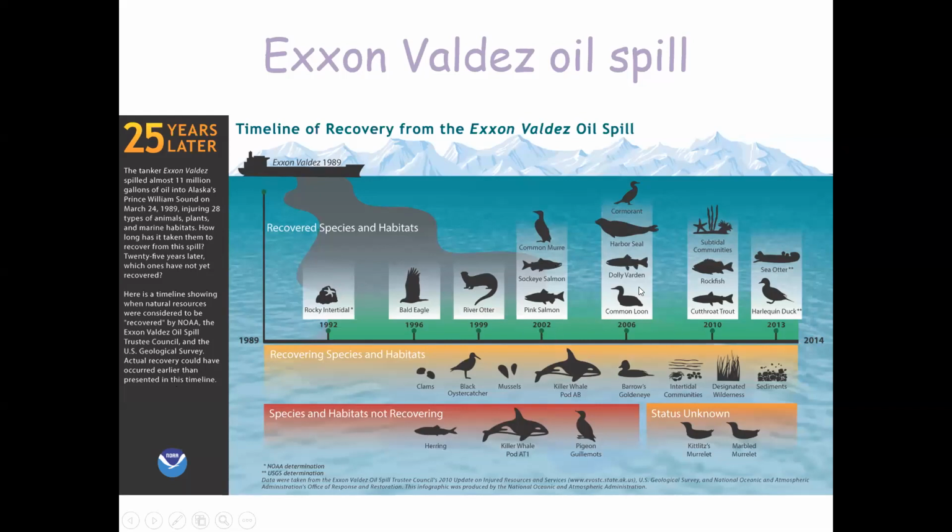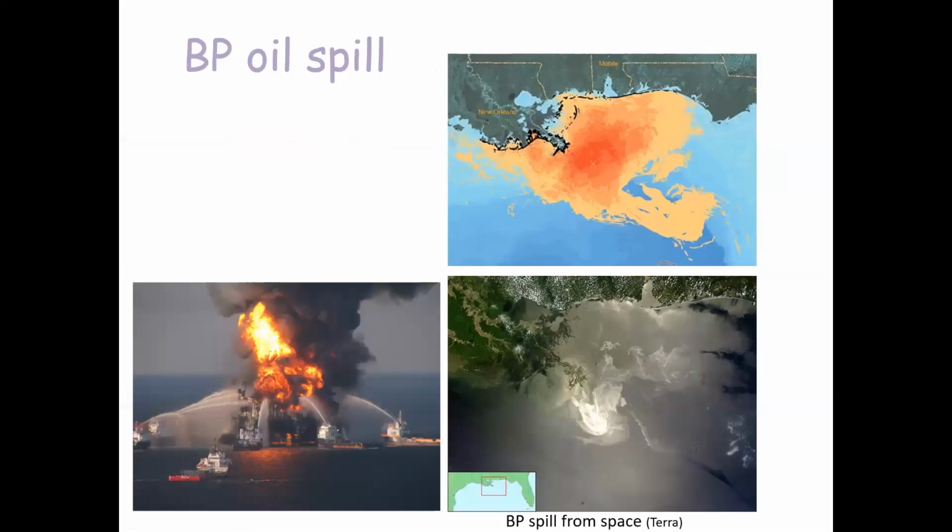Fish. And here you can see harbor seals and a lot of other birds, like cormorants, for instance. The interesting thing is to see those organisms that are still not recovering: killer whales, herring, and some dolphins also still have remnants of the leftovers.